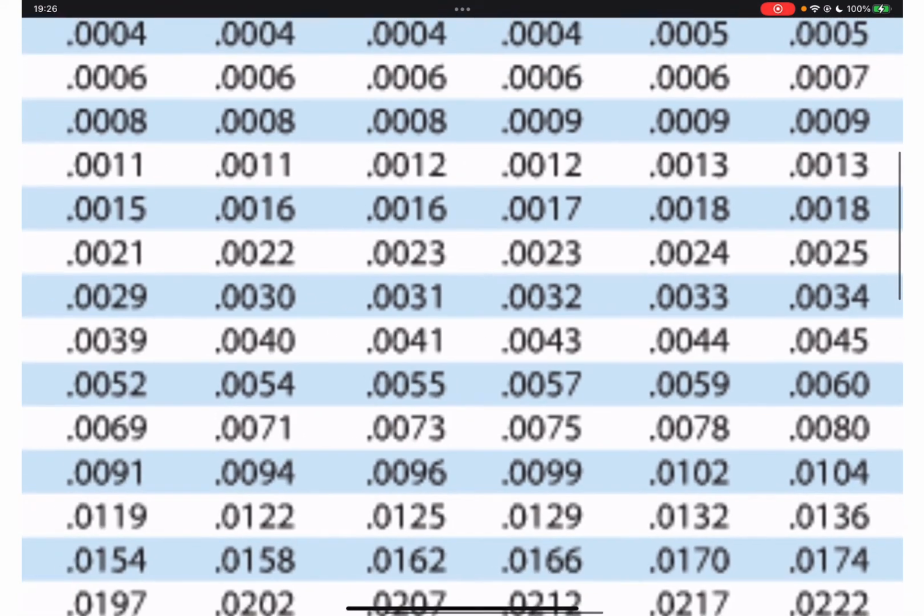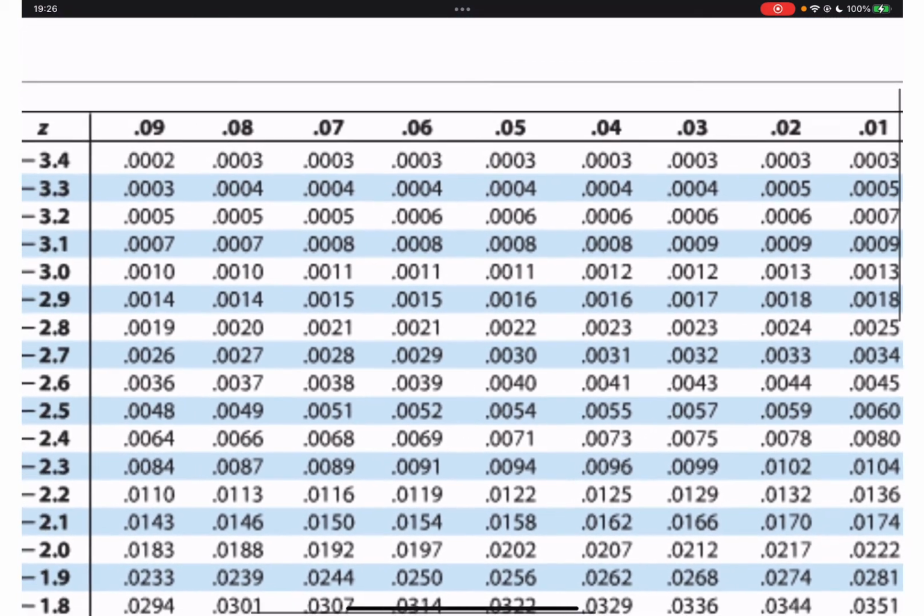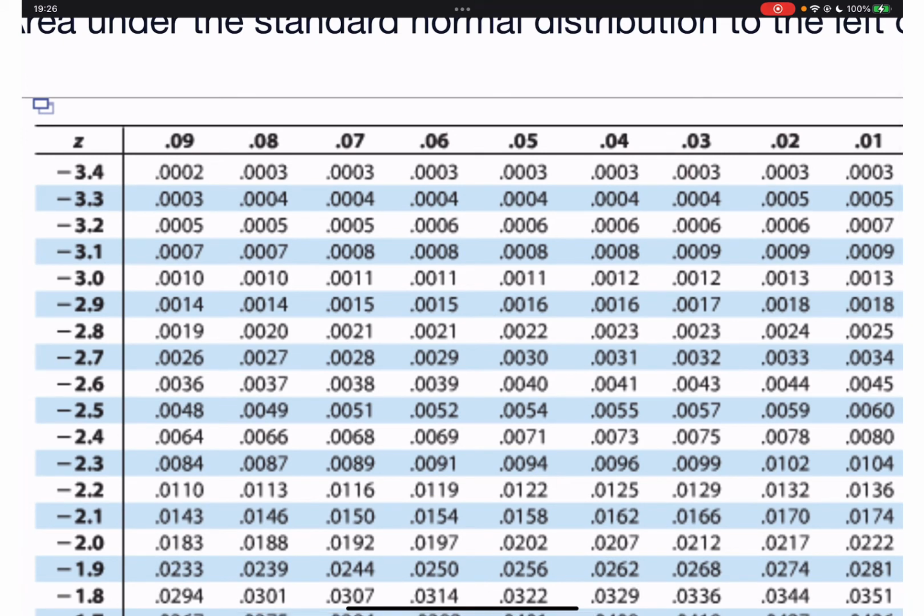So it is going to be, let me see, 0.0099. It's negative 2.3. And if I go up, it's going to be 0.03. So the result is negative 2.33.